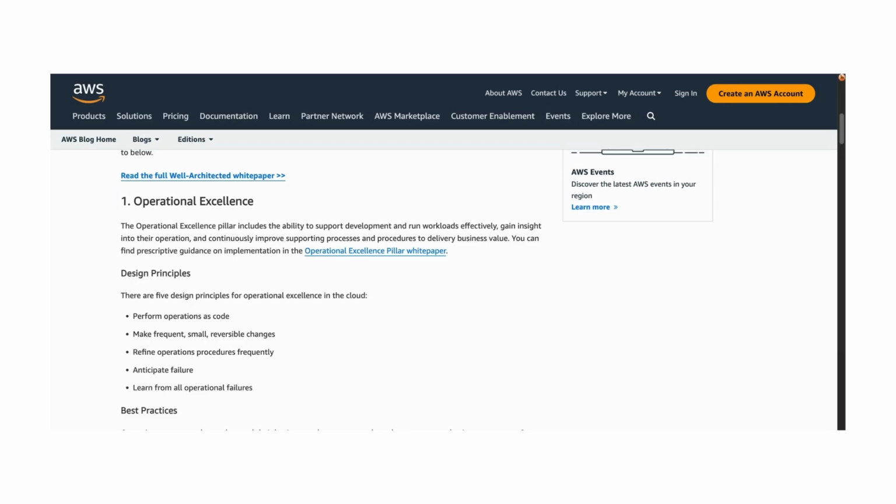And last of this group is learning from all operational failures. Here I would suggest using AWS CloudTrail and Amazon CloudWatch. Here we can see logs that record and analyze all our operations, facilitating post-incident reviews and continuous improvement.